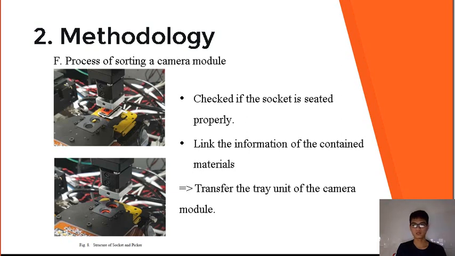It needs to be checked whether it sits properly on the socket, since there are many cases where the connector is improperly connected. In addition, it is important to link the information of the contained material with the next process for the transfer of the tray units of the camera module.